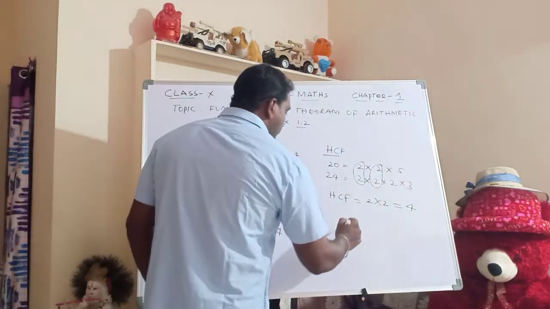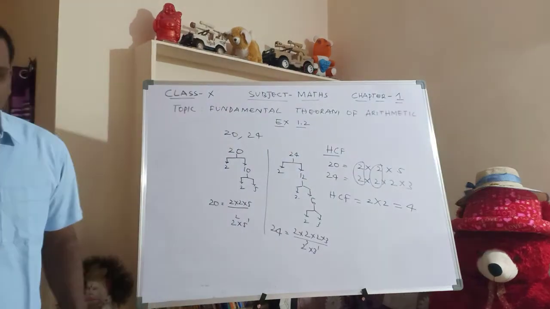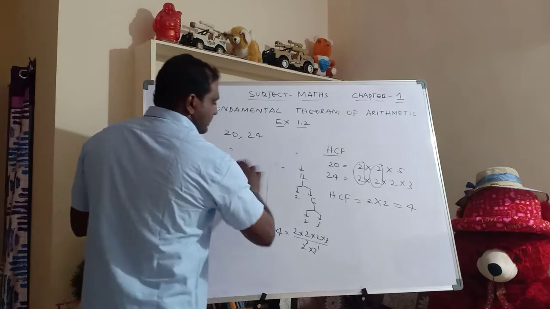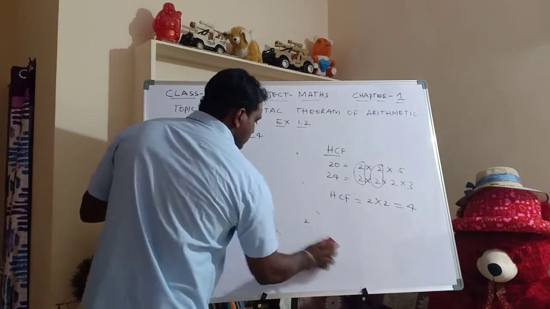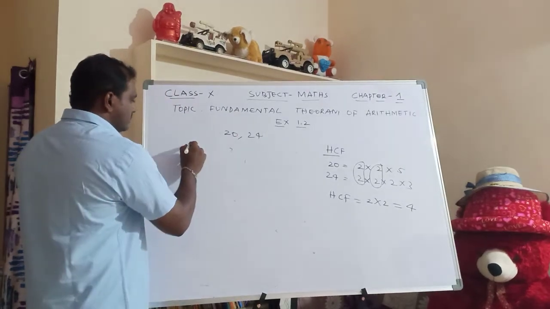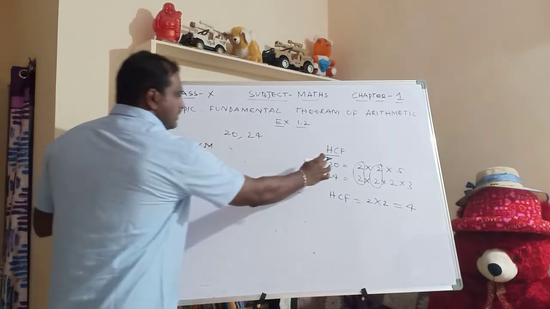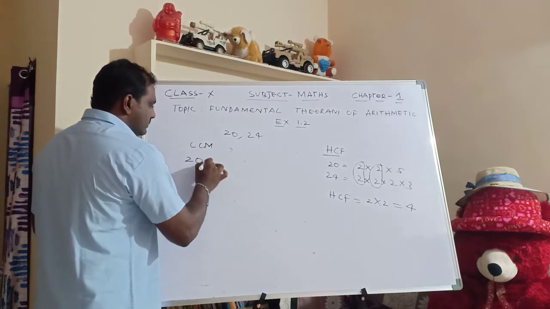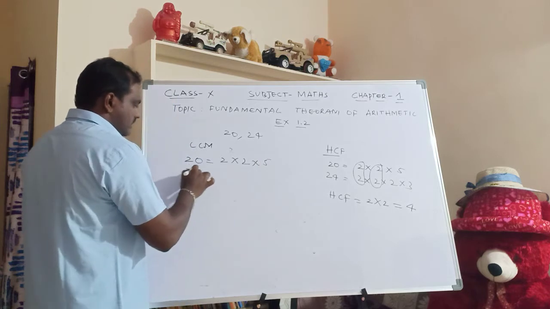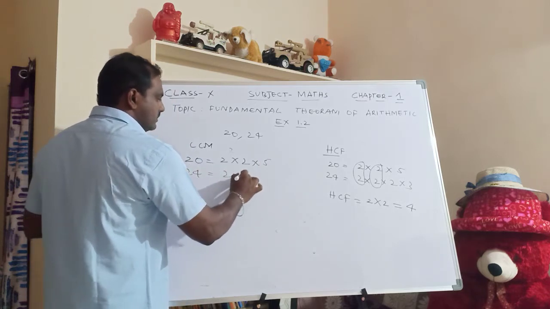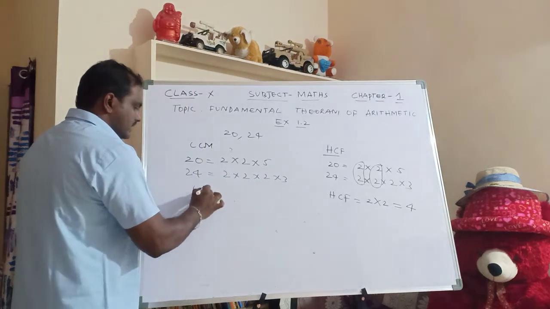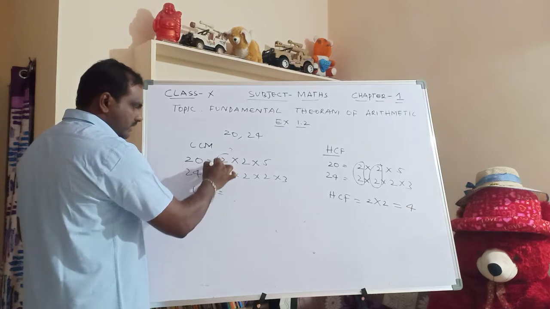Now suppose you are finding the LCM. How to write the LCM? We write the same pattern: 20 is 2 into 2 into 5, and 24 is 2 into 2 into 2 into 3. Whenever you write the LCM, follow the same pattern as for HCF.